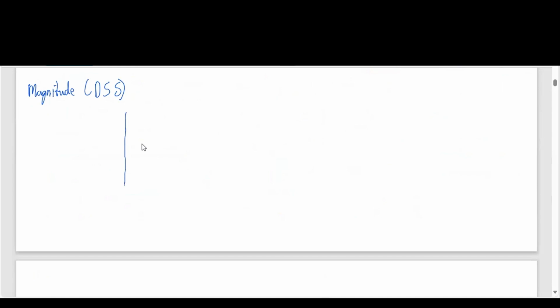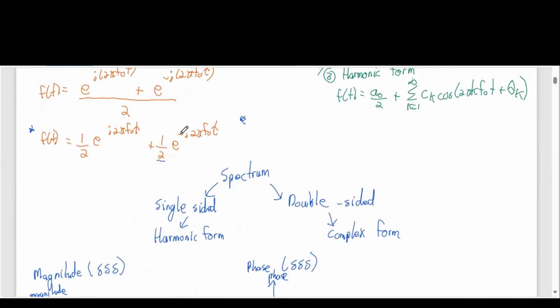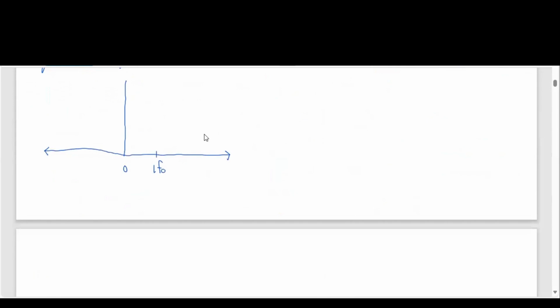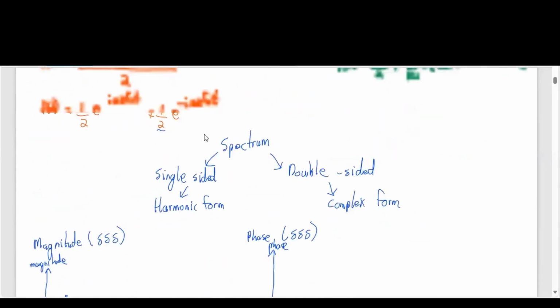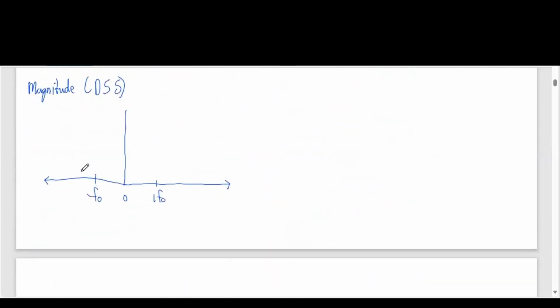So it's centered at 0, where you have one F naught from the first piece with the positive. You will always end up with a positive and a negative. And because of the minus here, you end up with minus F naught, so that will go on this side. And the magnitudes for both of them are half. It'll always be symmetrical.